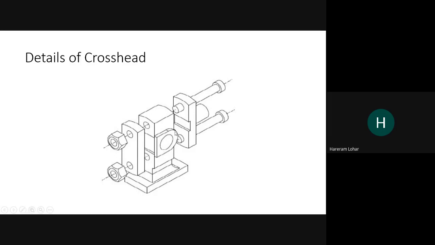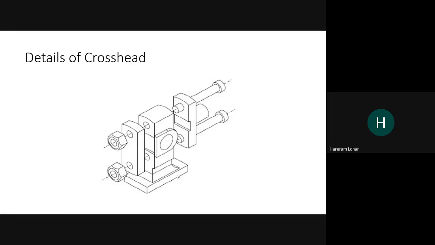Now this will be the brass. This one will be the brass, and the material will be brass. Inside that, one rod will be inserted, and the rod will be the rotating one. There will be relative motion between the brass and the rod surface, whatever hole is there in the brass.